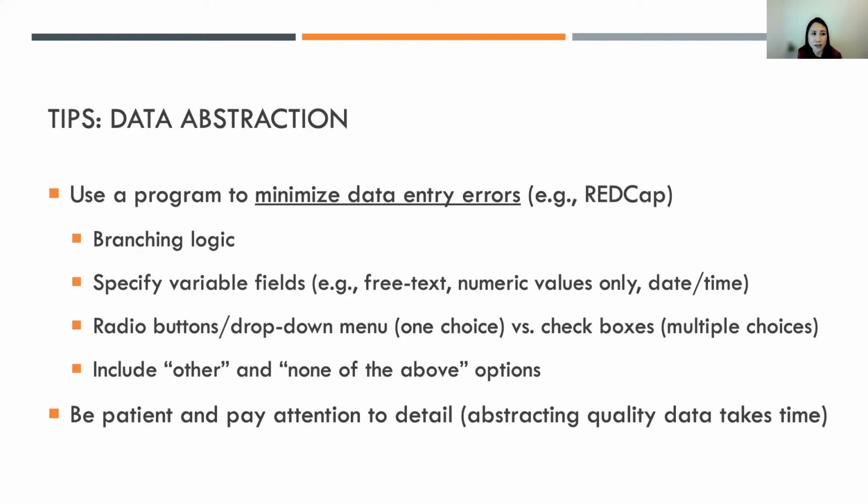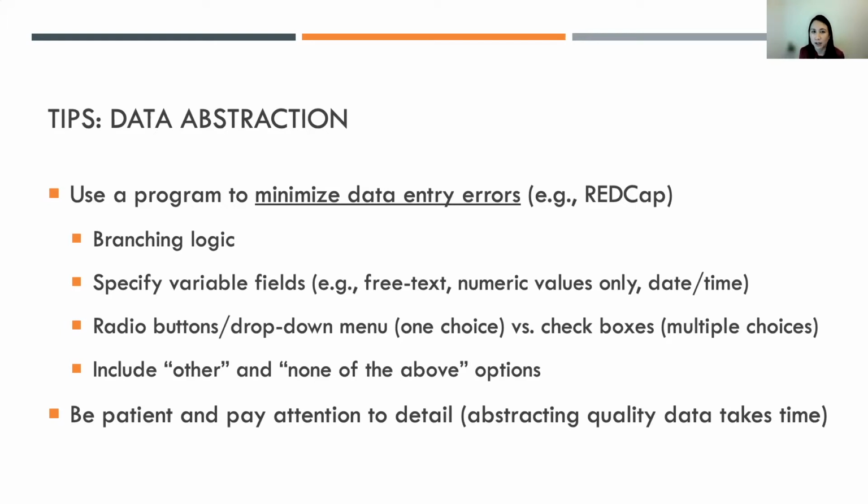In those cases, one of the things I recommend doing is to also include an "other" option as well as a "none of the above" option, just in case all of your options aren't listed. Then the abstractor has the option to enter "other" and maybe branch it out to a free text so they can specify what that other is. Whereas the "none of the above" option allows you to make sure that that data variable was evaluated.